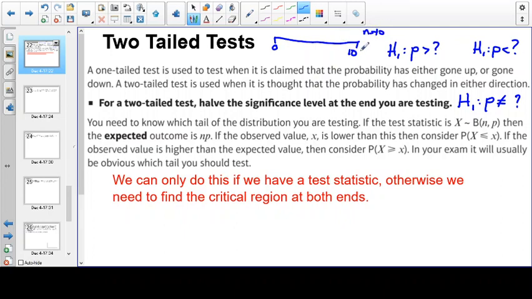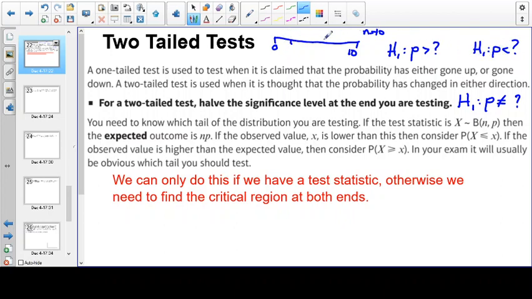The critical region might have been greater than 8, or greater than 9, or greater than or equal to 10, or the critical region might have been down here, less than or equal to 2, or less than or equal to 1, if it was like this.